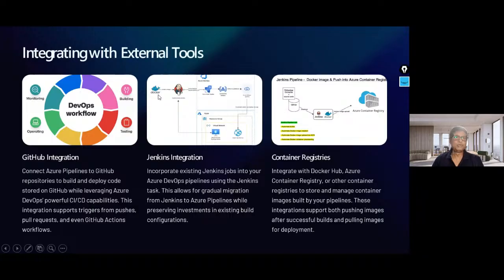So as I told you, Azure DevOps does not do anything on its own. It takes the help of external tools and services. You can integrate with GitHub, because GitHub is a place where your developers will put all the code, so a GitHub integration is very much needed.